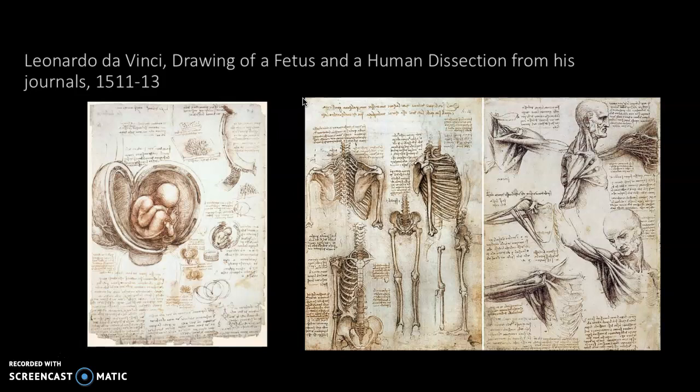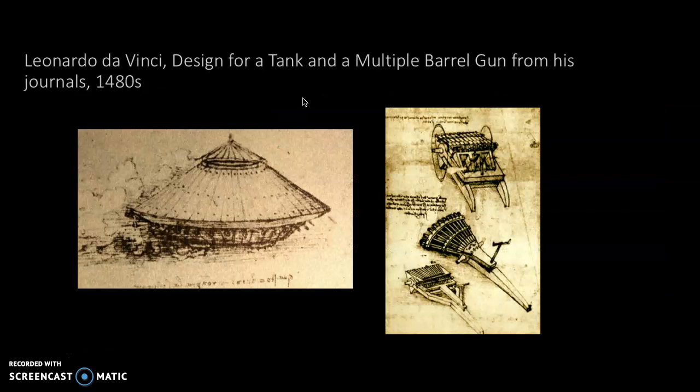So here we show this interest in understanding the human body, the human form. On this page, we also see that he worked as a kind of military engineer. We see very early designs for a tank and then a multiple barrel gun.